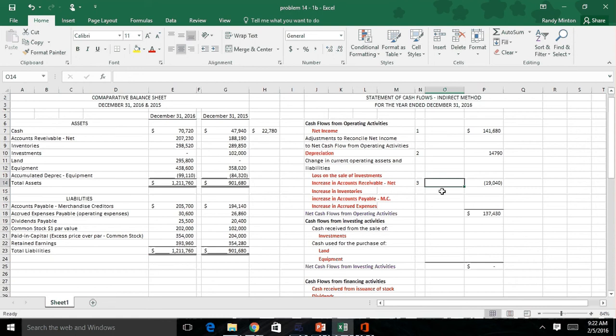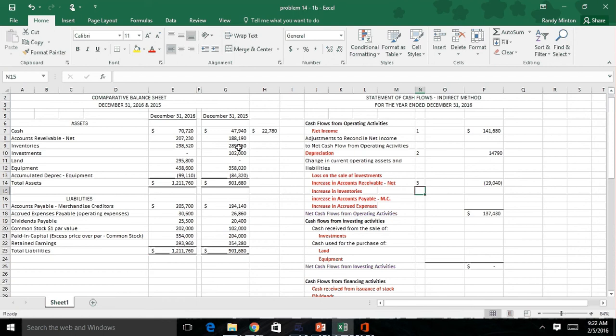I also had an increase in inventories. If I look over here again at inventories, these two numbers right up here, I see that for December 31st, 2016, I had $298,520, and for 2015 at December 31st, I had $289,850.